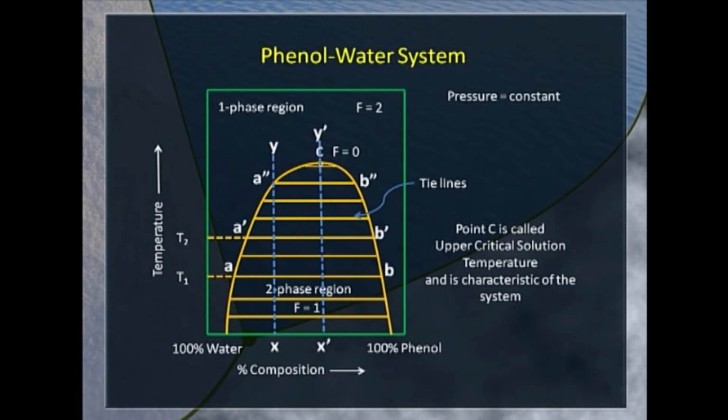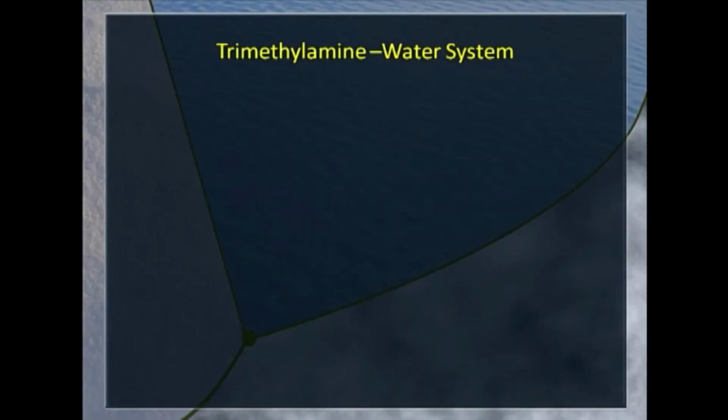Till the last point, the two phases will be present, which means miscibility is attained when the compositions of the two phases that are present in equilibrium become identical, and therefore, this point is very characteristic of the system, and as I told you, it is called upper critical solution temperature.